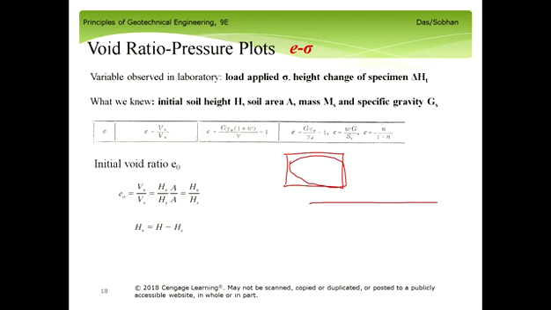So this is why it is one dimension: the drainage is vertical, the load is vertical, and the settlement is only vertical. There is no displacement in other directions.